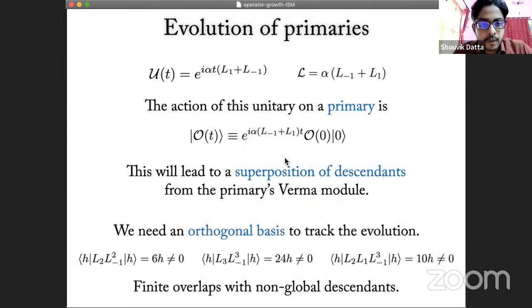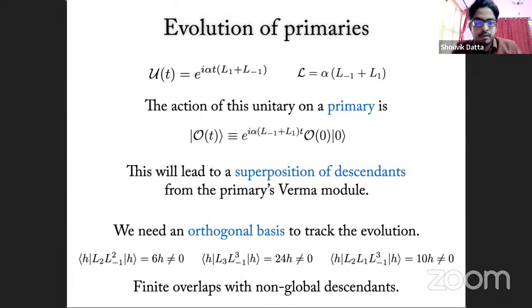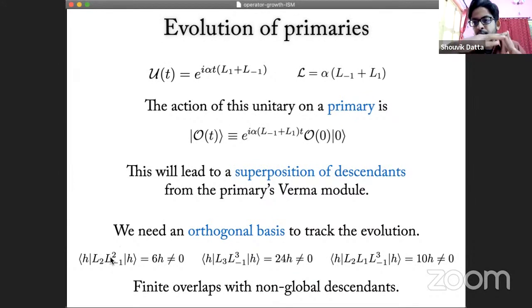So you might think this is just various powers of L minus 1 acting on the primary operator. However, these states, with various powers of L minus 1, have non-zero overlaps with actual Virasoro descendants. These are the elements that actually appear at the corners of your Gram matrix.